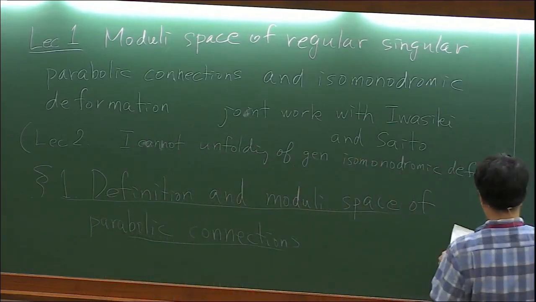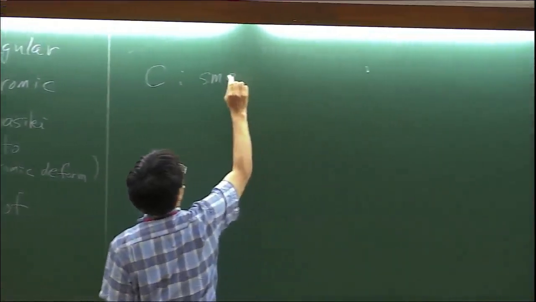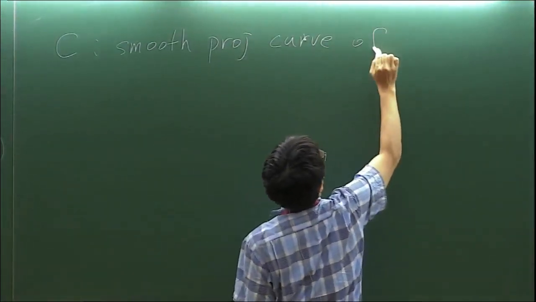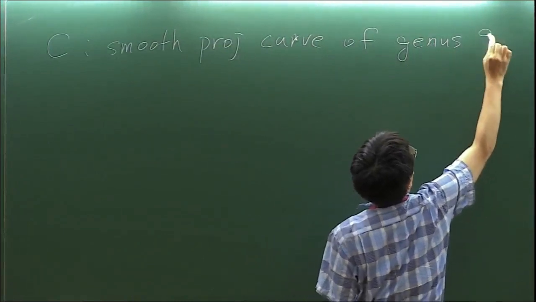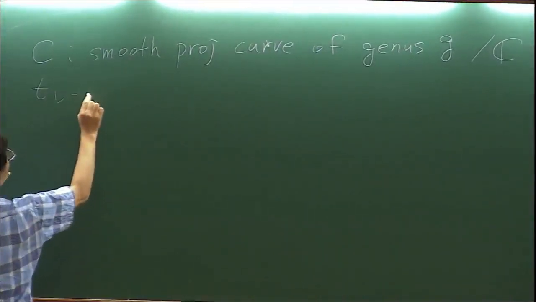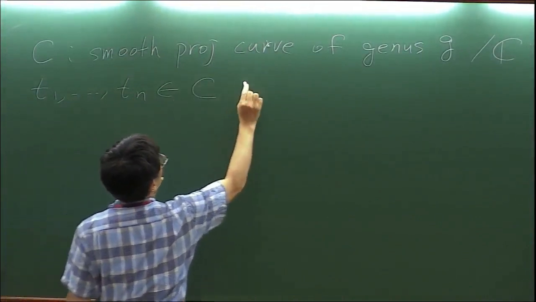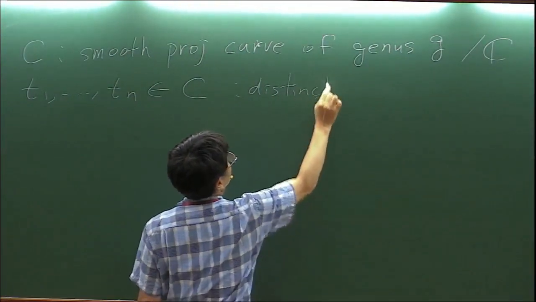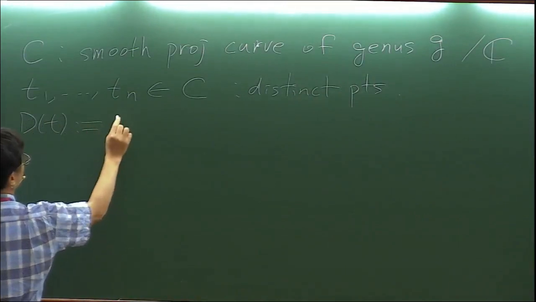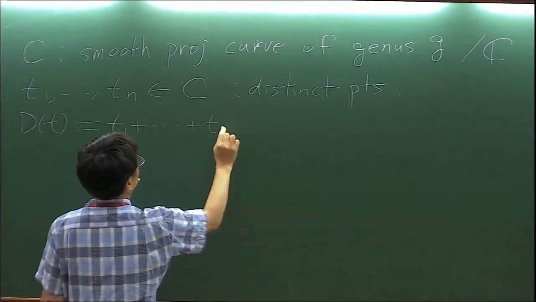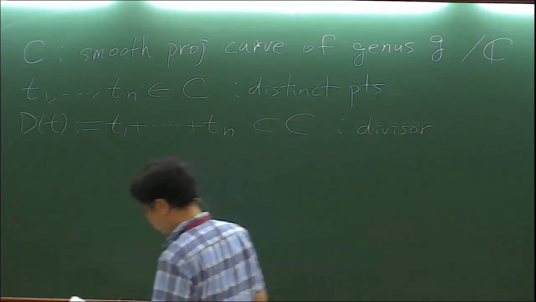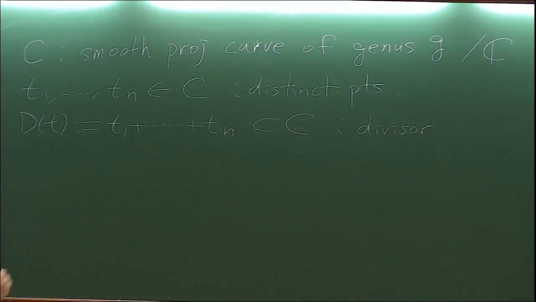First, I fix a smooth projective curve C of genus g over the complex number field, and take distinct points t_i in C, and write D(t) to be the effective divisor on C.